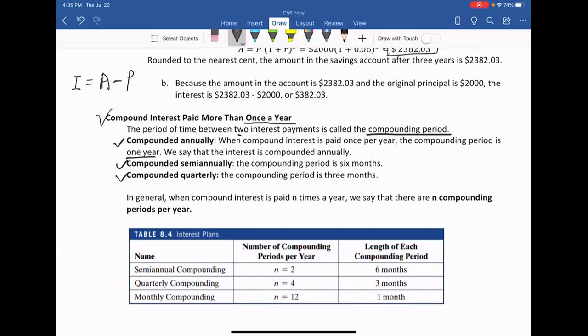So when we say compounded annually, that means they pay you once a year. Compounded semi-annually, they pay you twice a year. That means every 6 months they will pay you the compound interest. Compounded quarterly, that means the bank will pay you the compound interest 4 times a year.